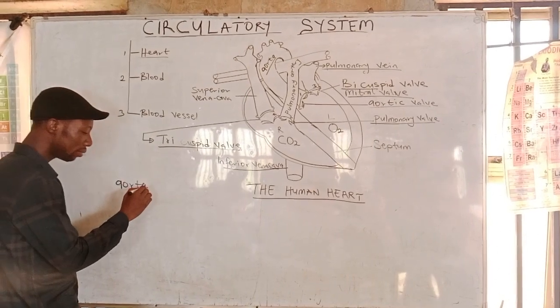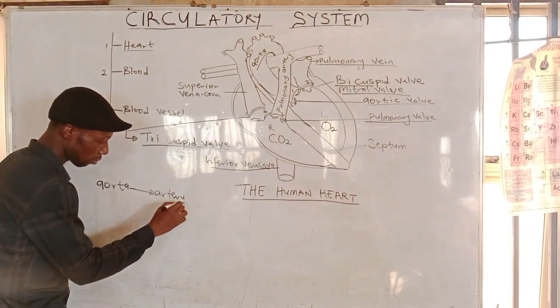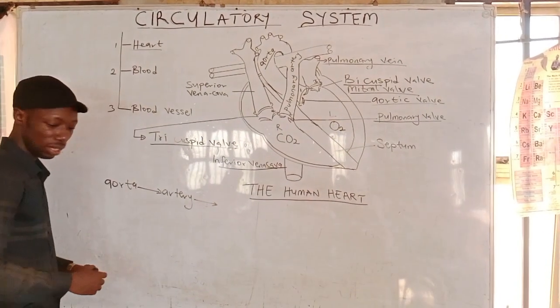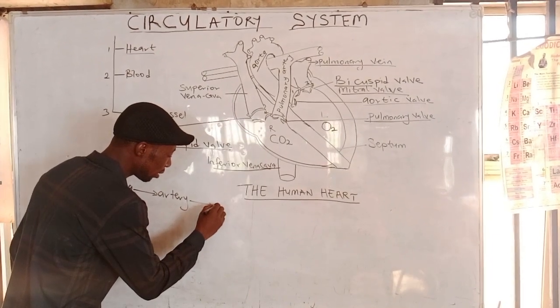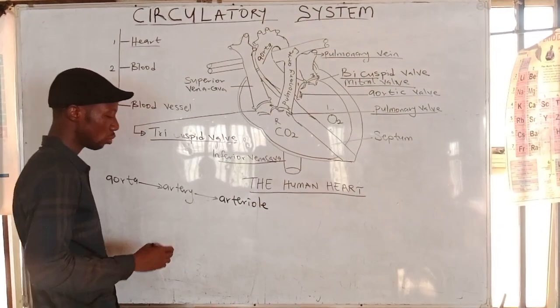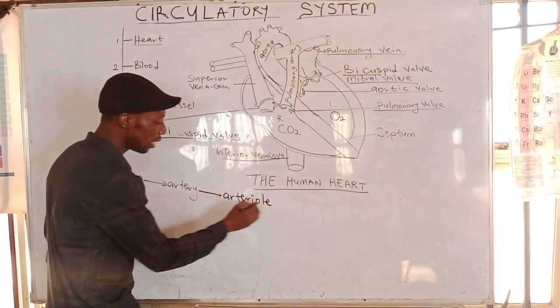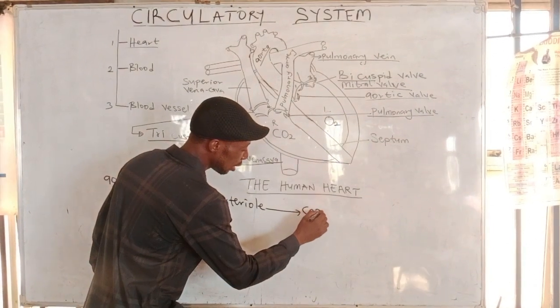Now, from the aorta, the blood goes to the artery. From the artery, we have the smaller artery known as arteriole. From the arteriole, the blood enters the capillary.